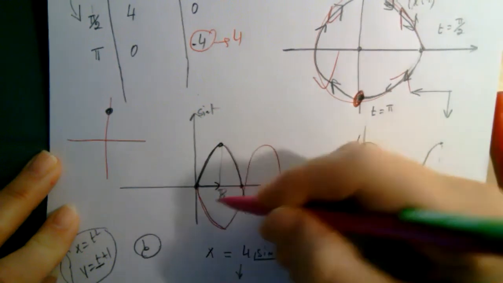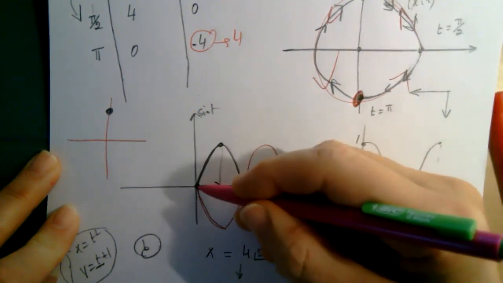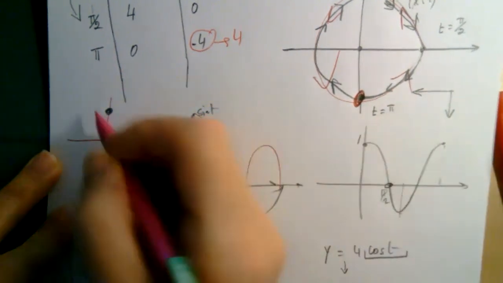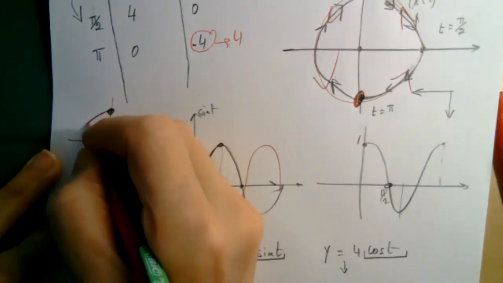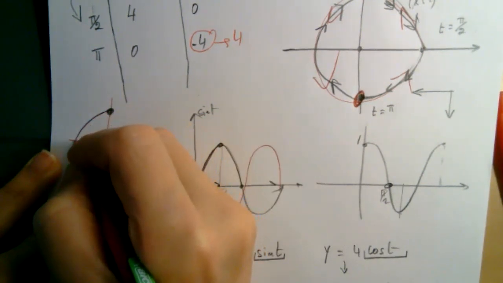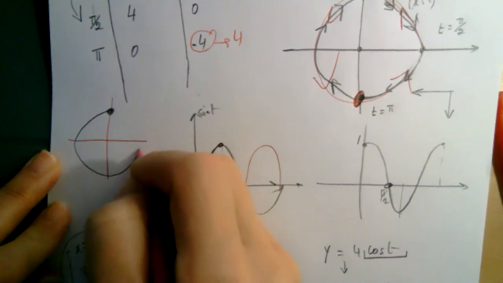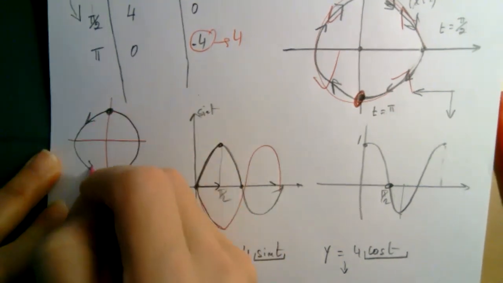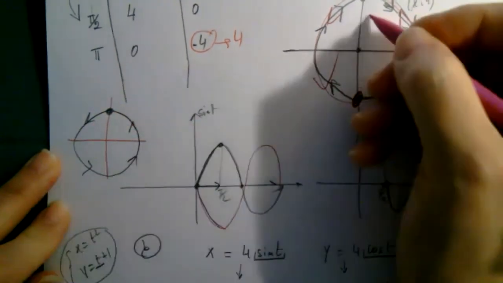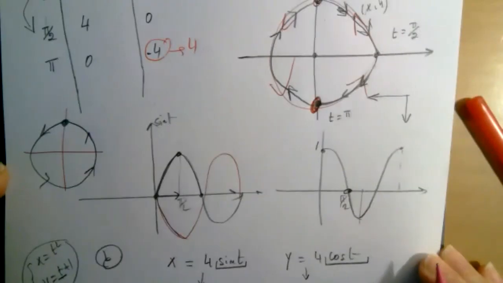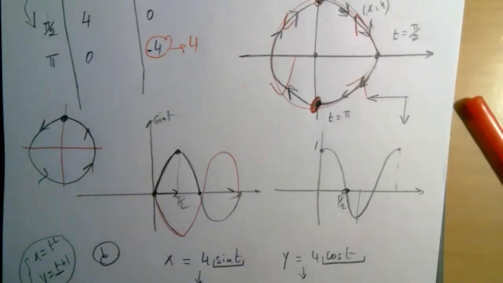Between 0 and pi over 2, my x coordinate is negative and decreasing. So the curve will start here, but it's going to move that way. That's going to be the motion, opposite to what this one is. Make sense?